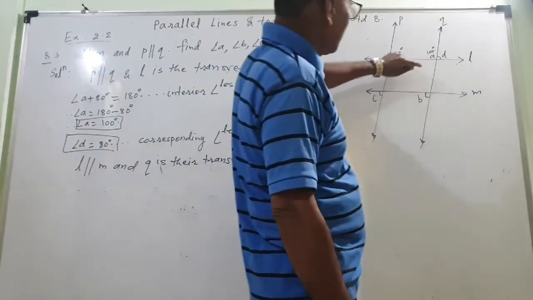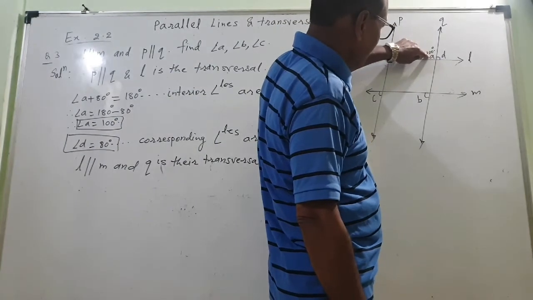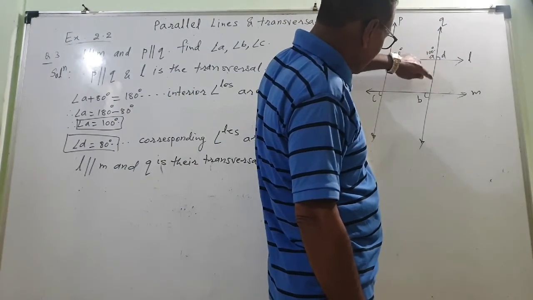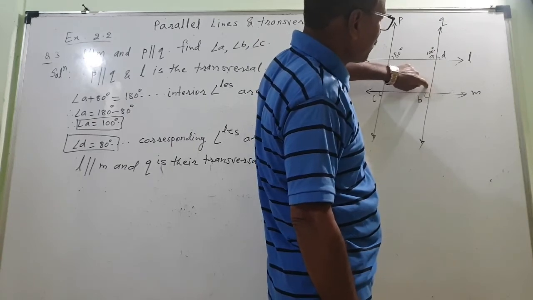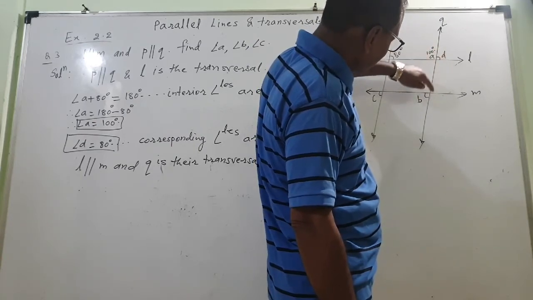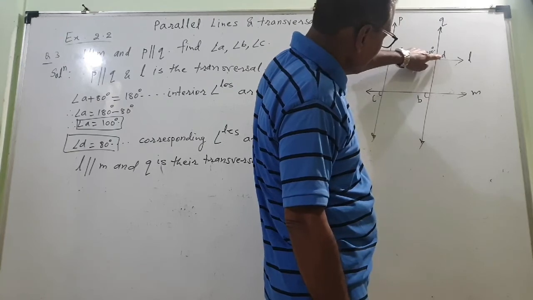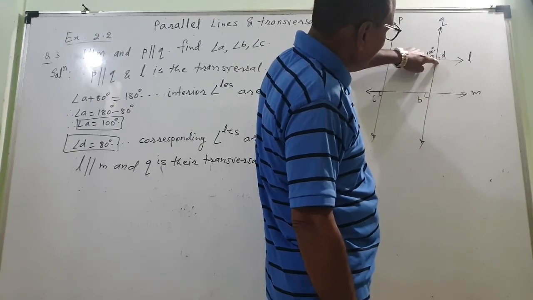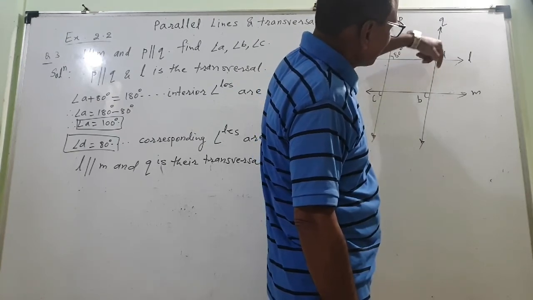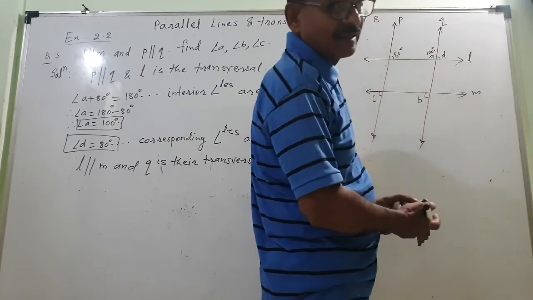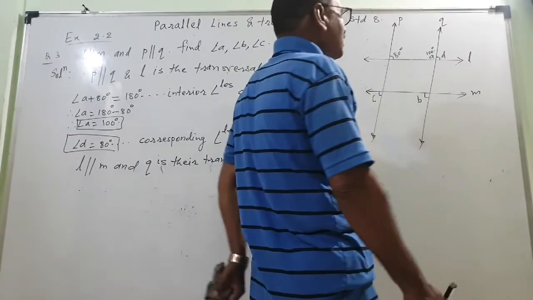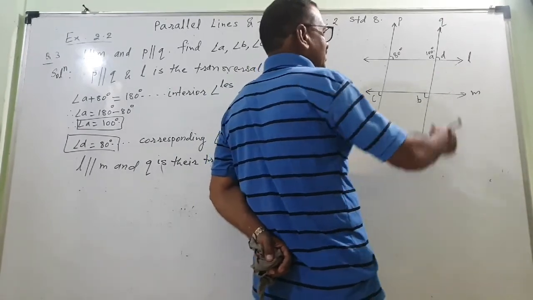Okay. This is 100. This angle we don't know. This angle and this angle, they are the alternate angles. They are exterior, means outside, alternate angles. There are some other ways.